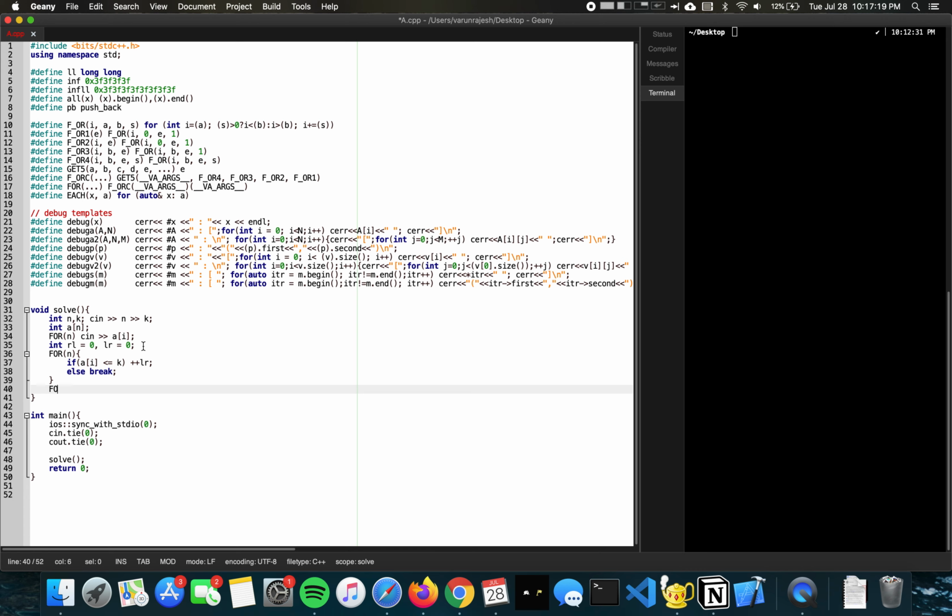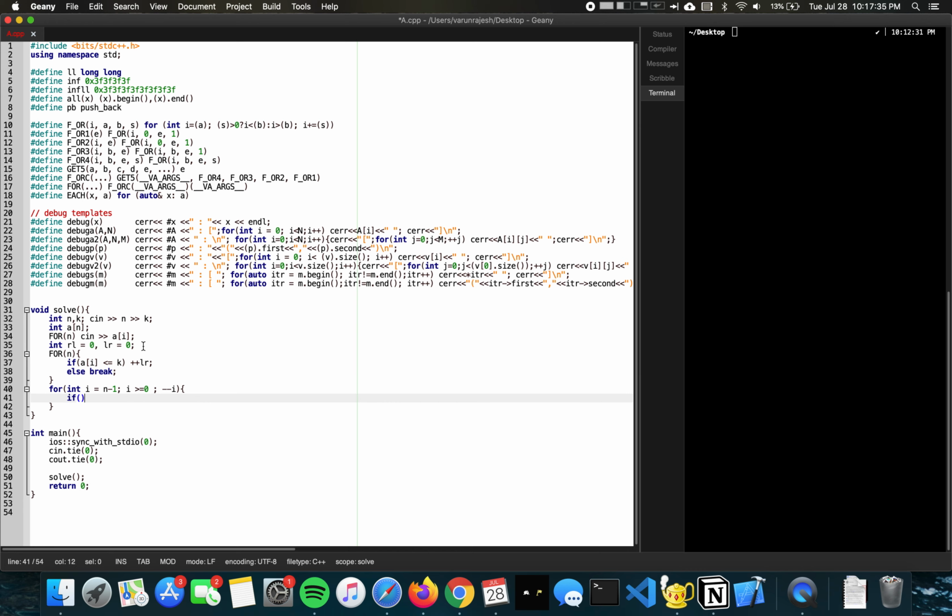Now we use the same logic going from right to left: for int i equals n minus 1, while i is greater than or equal to 0, minus minus i. If a[i] is less than or equal to k, then plus plus right-to-left. Otherwise, we break. Then we output the minimum of right-to-left plus left-to-right, and n, and that should be our answer.